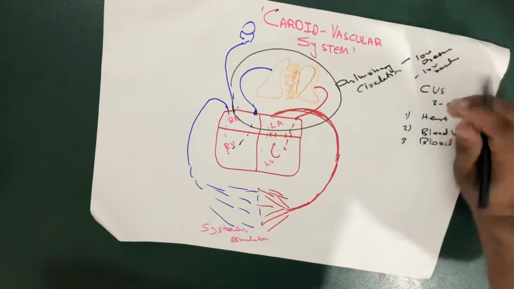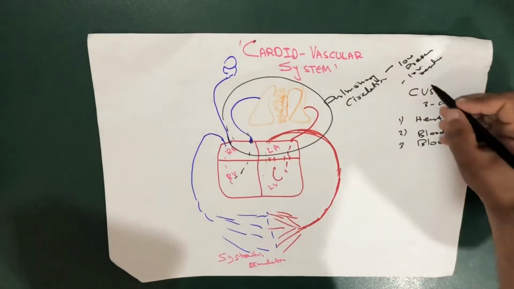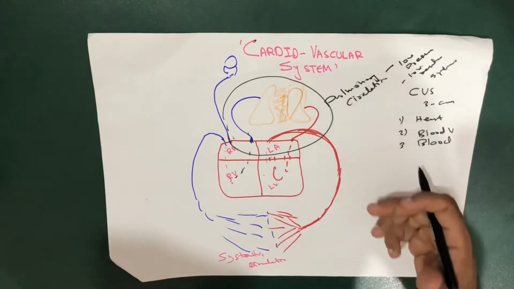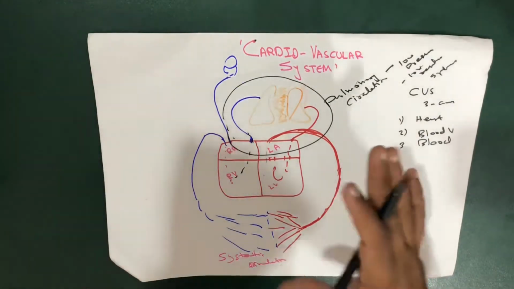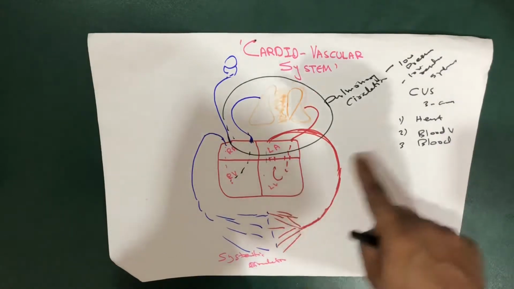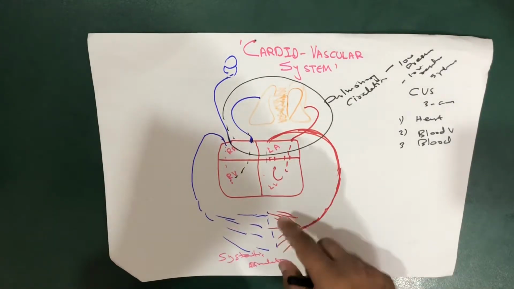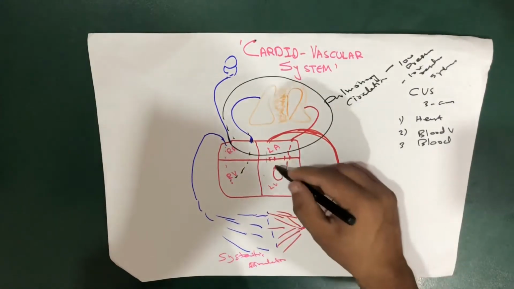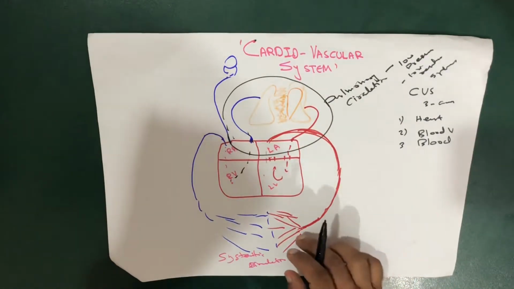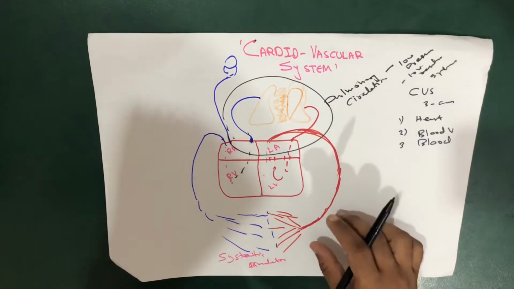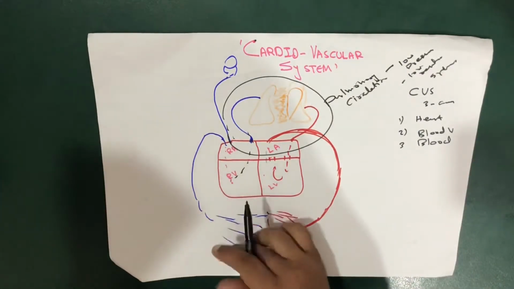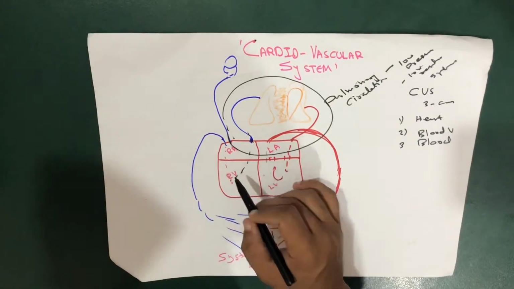All right, now let's talk about the systemic circulation, which is the loop between the heart and other organ systems of the body. Blood goes out of the left heart, passes through the various organ systems of the body like the kidneys, gives up its oxygen there, and then returns to the right heart via the vena cava.